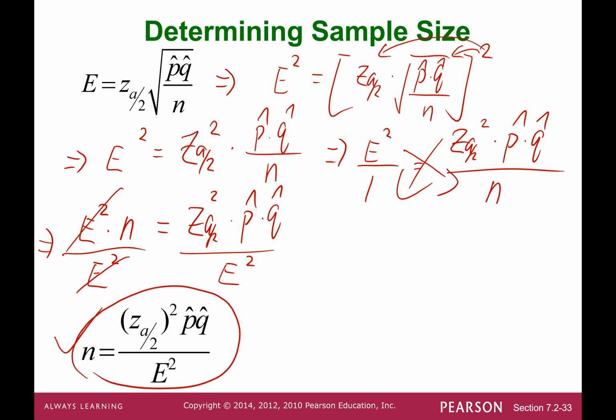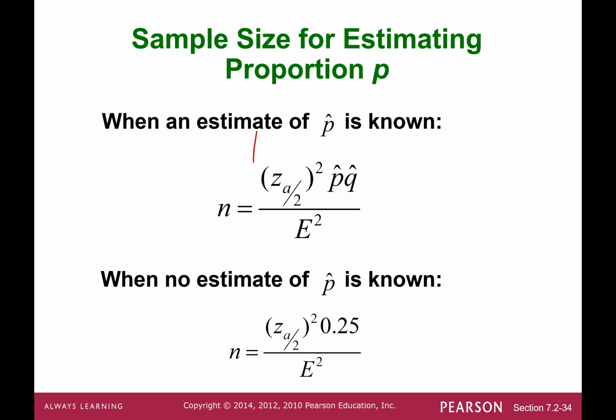That's how we go from the margin of error formula to the sample size formula. All of these formulas are summarized in the formula sheet. Sample size for estimating proportion p.